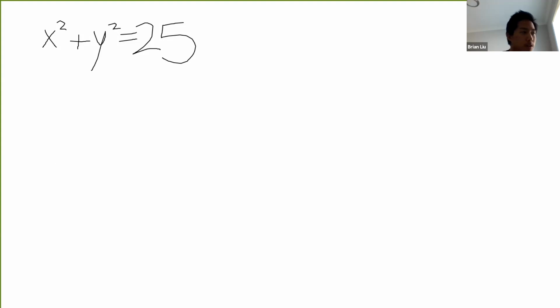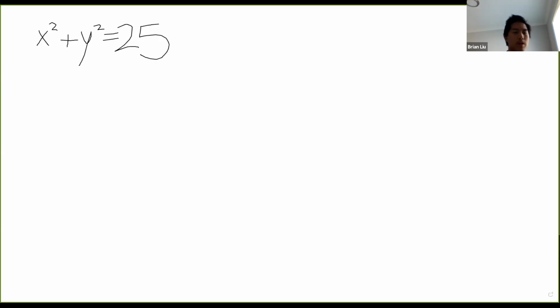Okay, so now we're on to the equation x squared plus y squared equals 25. Now, what points satisfy this? Some of you are already getting what it's going to look like. I'm not going to reveal it right now for those of you who haven't seen this before.